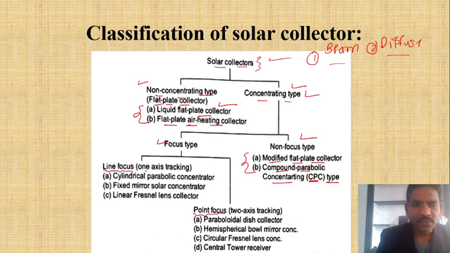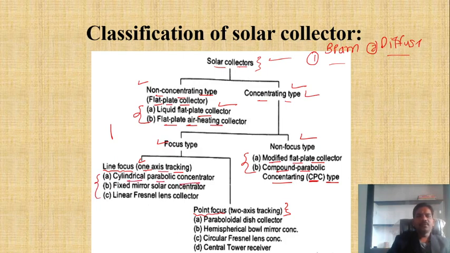In line focus, there is only one axis tracking, means to track the solar radiation by only one axis. And in point focus, there is a two axis tracking mechanism used to track the solar radiations. Line focus is three types, guys: cylindrical parabolic concentrator, fixed mirror solar concentrator and linear Fresnel lens collectors.